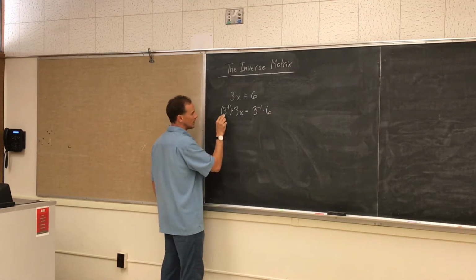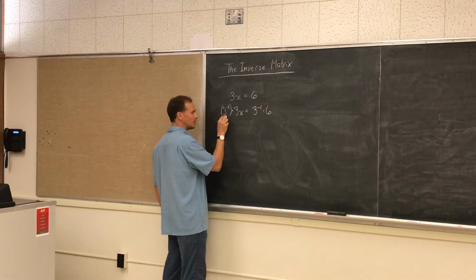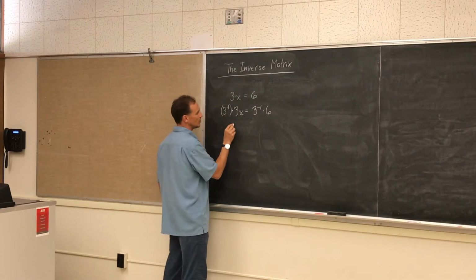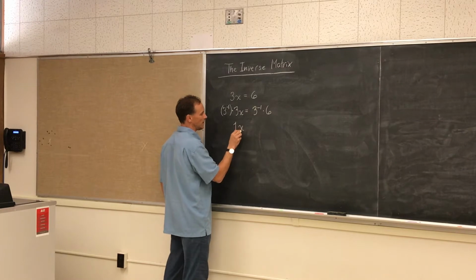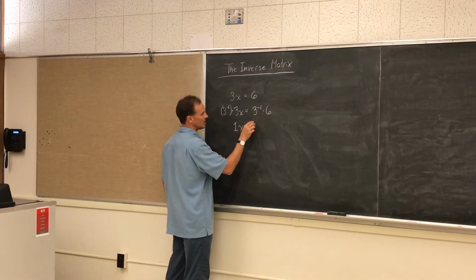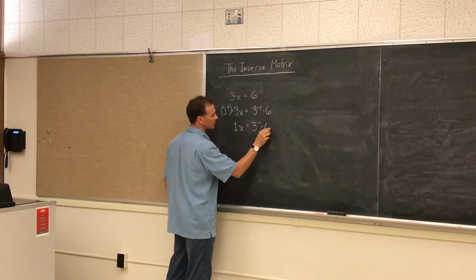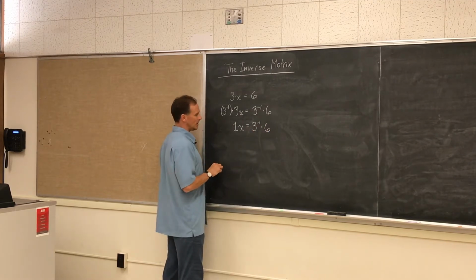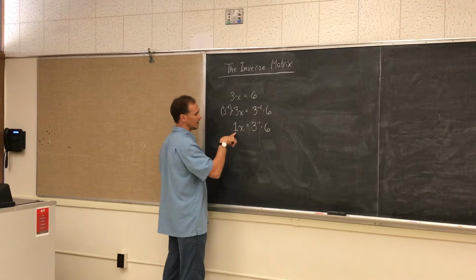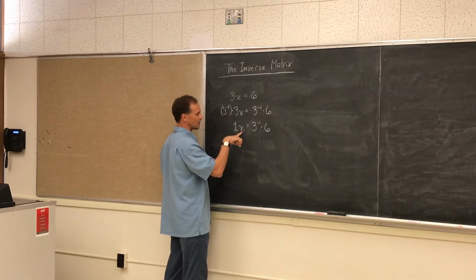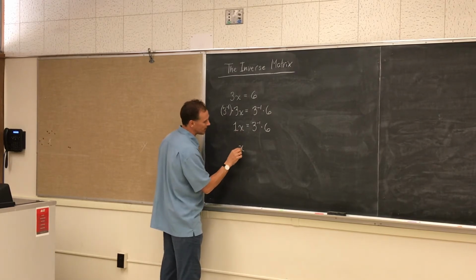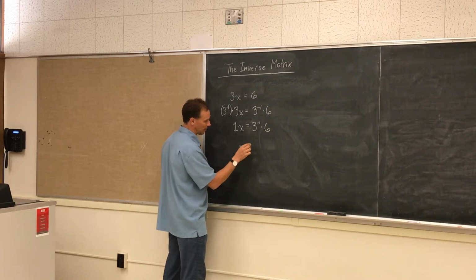Well, the number times its inverse gives you the identity, which in the case of numbers is just 1 times x equals the inverse times the number. And our final step is that the identity times the variable is very simply the variable.